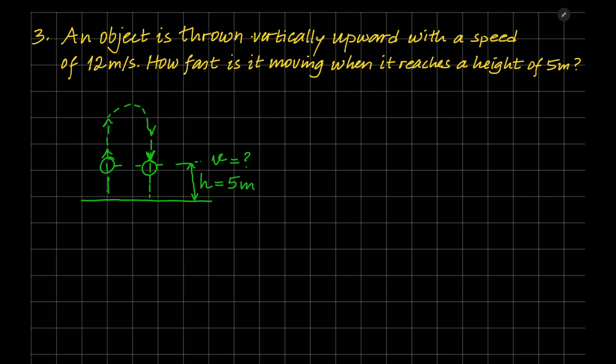Using the equation of motion, v squared is equal to v naught squared plus 2gh.